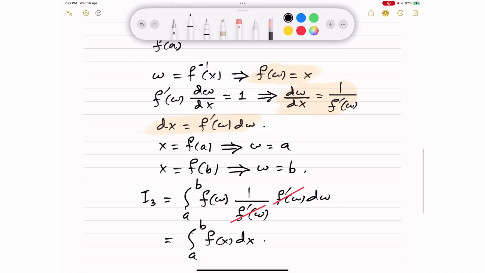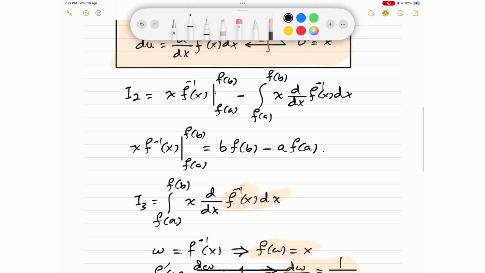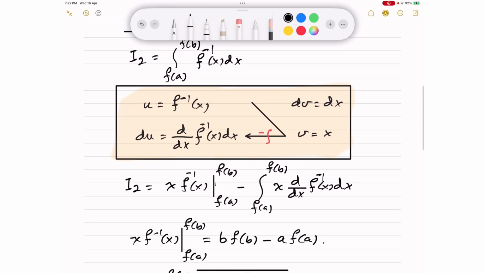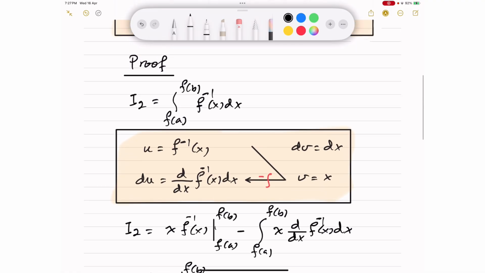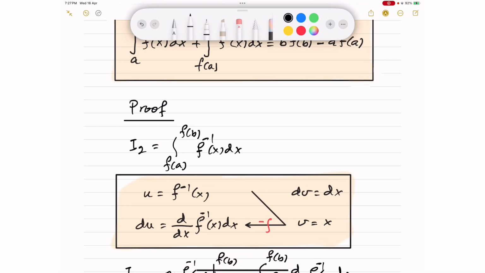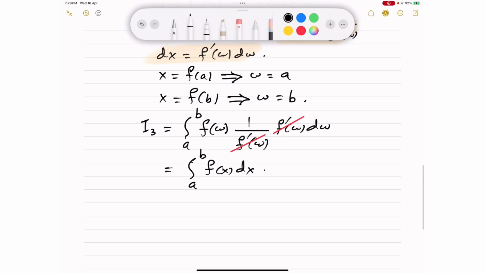Okay, so now let's take I3 and plug it back into I2. I2 is simply the integral from f of a to f of b of the inverse function of x dx. Let me write that down here.